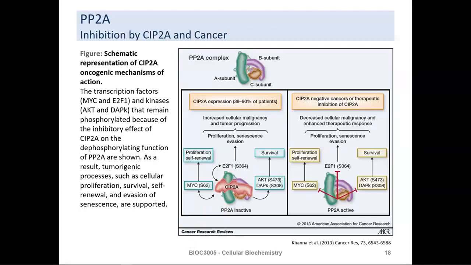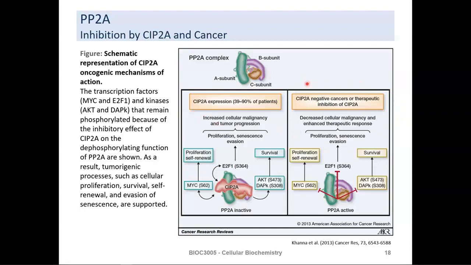What results is the tumorigenic process, where there is cellular proliferation, the survival of cancerous cells, the ability to self-renew, and the evasion of senescence or apoptosis. And we see that this inhibitory molecule is expressed in between 40 to 90% of cancer patients.